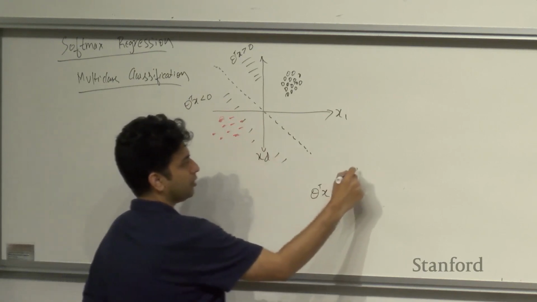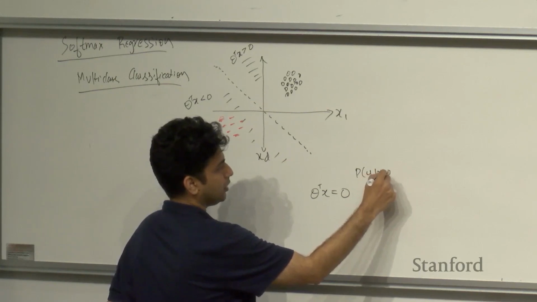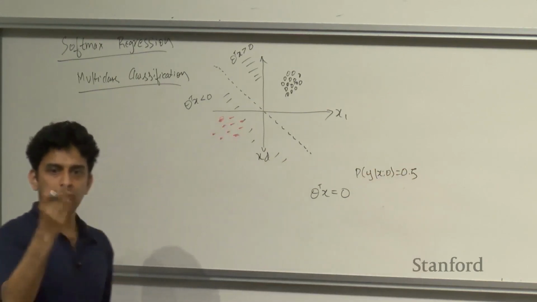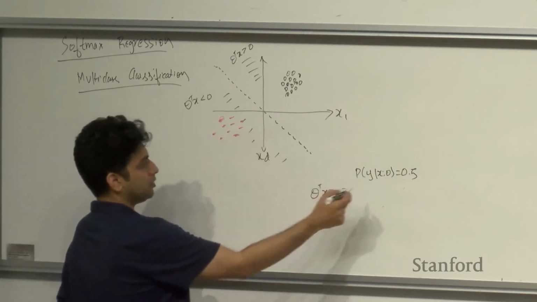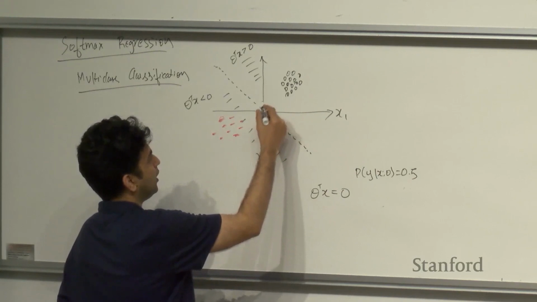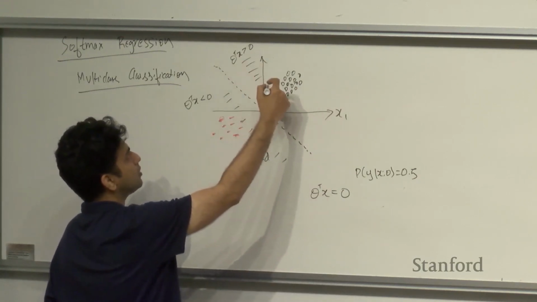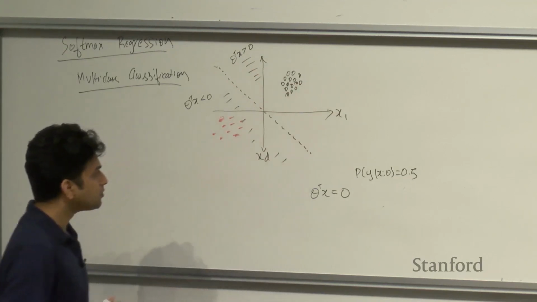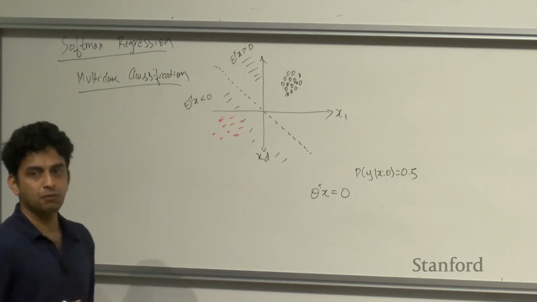This assumes that p of y given x, theta equals 0.5 is the separating hyperplane. If you assume 0.5 is the separating probability, then the theta you learn has the property that on one side, where it's greater than 0, you classify it as positive, and the other side is negative.